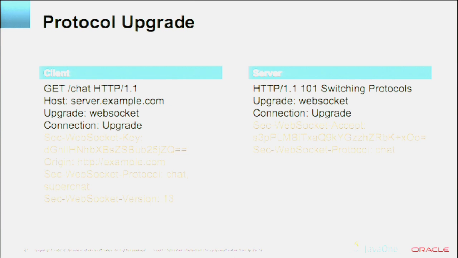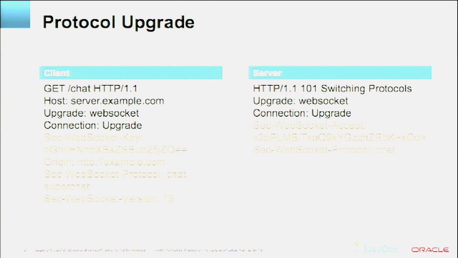But if the server says, okay, this is the right time, you can upgrade, then the server needs to respond to the client and tell them, okay, you can upgrade now. The response they need to send is HTTP 1.1 101 Switching Protocols. And then you specify the Upgrade and the Connection and so on.